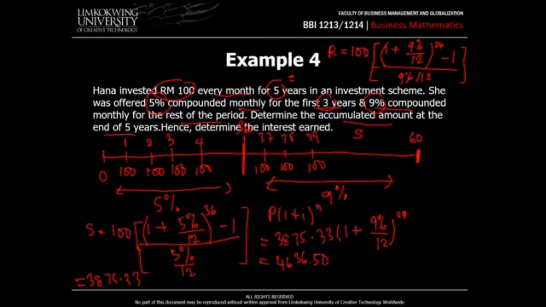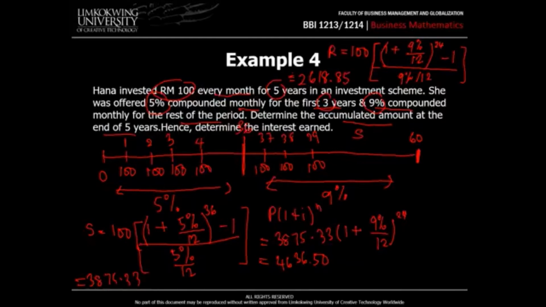Mom, but is it 24 or 29 here? Is it 2618.84? Here is 24. The answer is 2618.85.